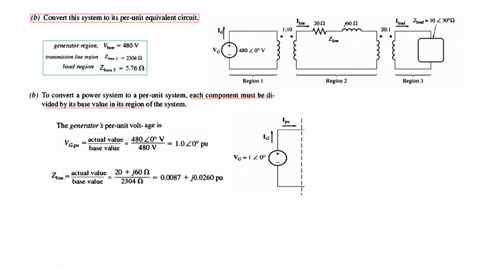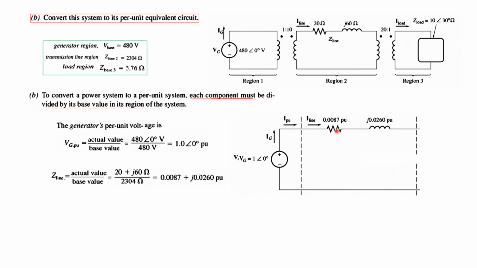Next we come to the transmission line, the actual value divided by the base value. Now the actual value is this, and the base we had found out already, 2304, so we divide by that. So this is the Z line in per unit, and so our circuit now will look like this. And finally we move to the load side.